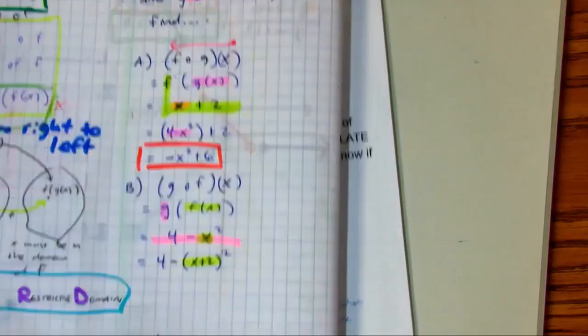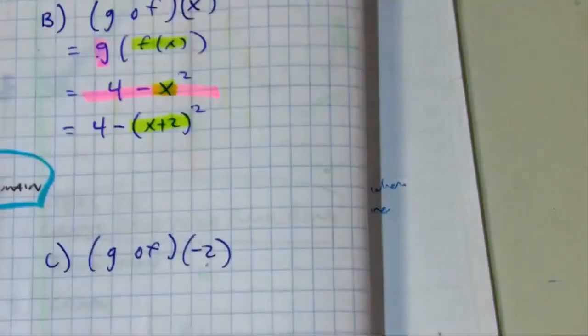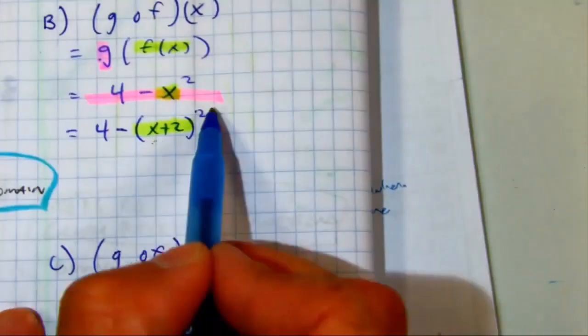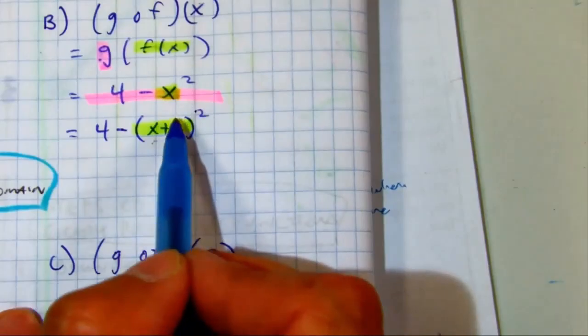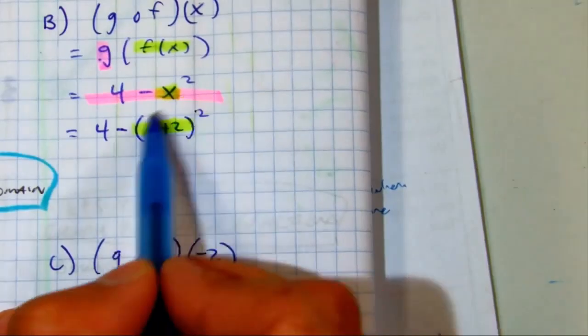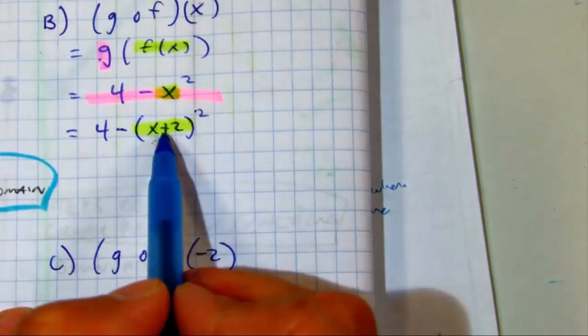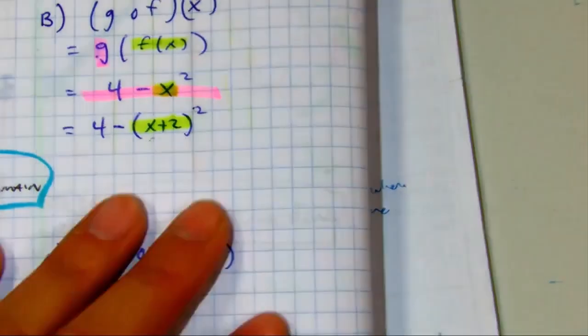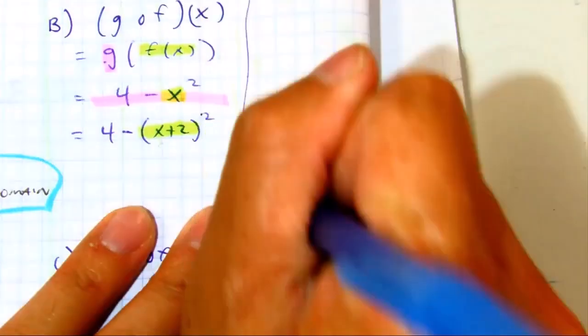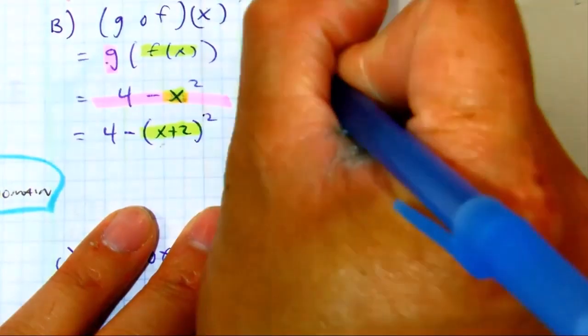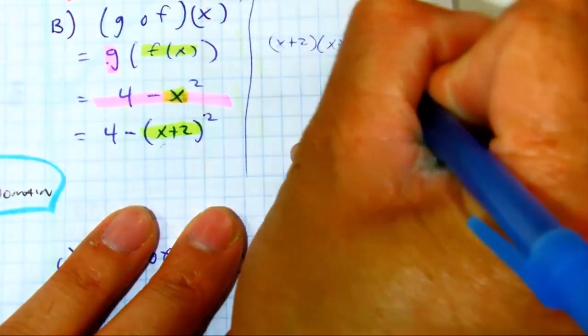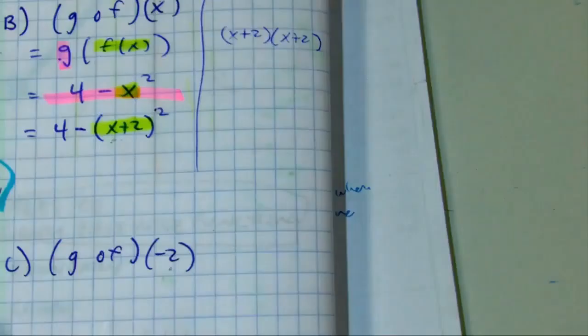Uh-oh. What does x plus 2 squared mean? Can I distribute the 2? You can do that if it's a law of exponents, but you have a plus sign there. So what does x plus 2 squared mean? You have how many of them? You have 2 of them, right? I'm going to do a box.